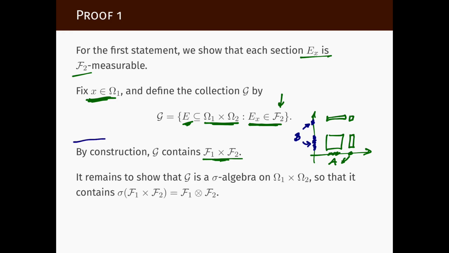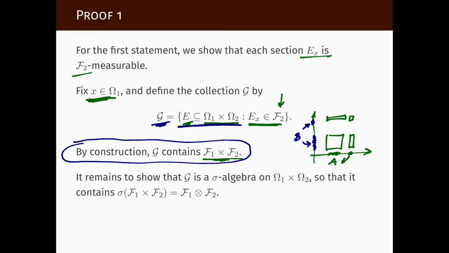So this is what this sentence is saying, that this class G of subsets of the Cartesian product whose section by x is measurable in the second space contains the rectangles.